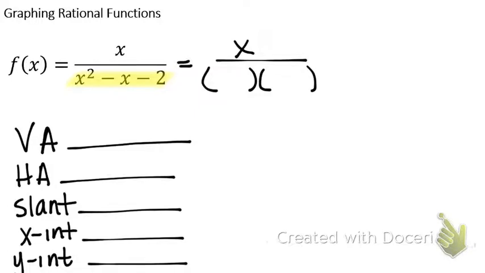So this one has 2 vertical asymptotes. Follow the dark pink sheet and where to look.